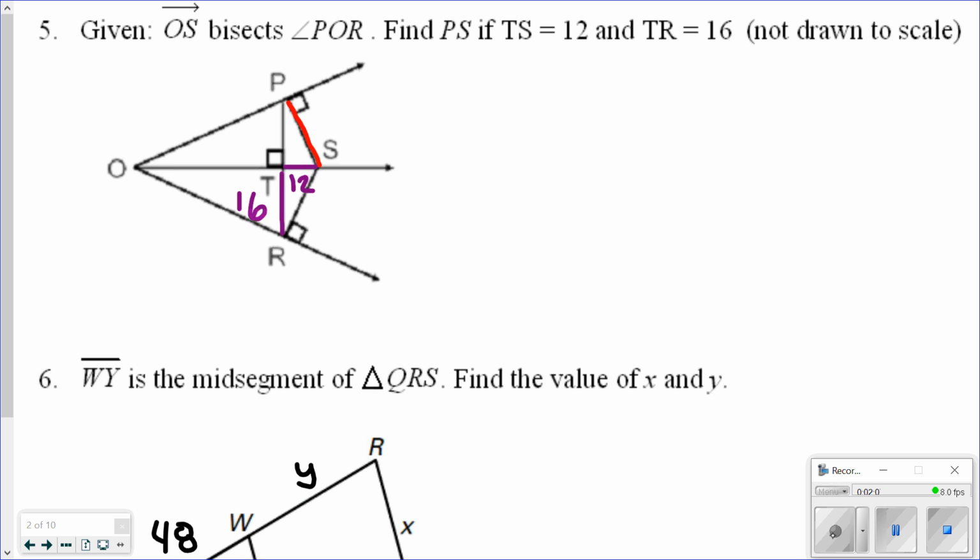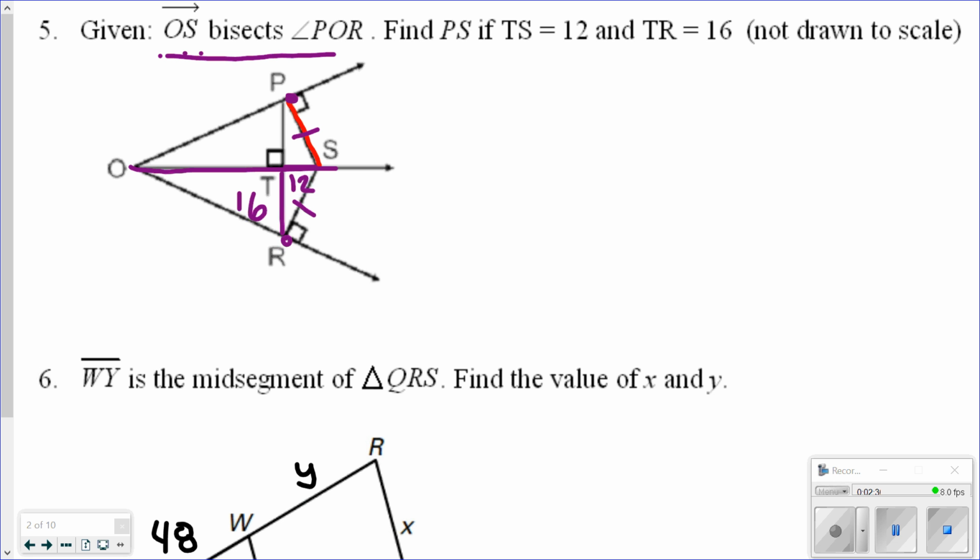All right, so this goes back to the beginning of Chapter 5. You actually had a question like this on the 5.1 to 5.3 quiz. Since we know that this is an angle bisector, that means this ray is going to be equidistant from point P and point R, meaning that these segments are congruent.